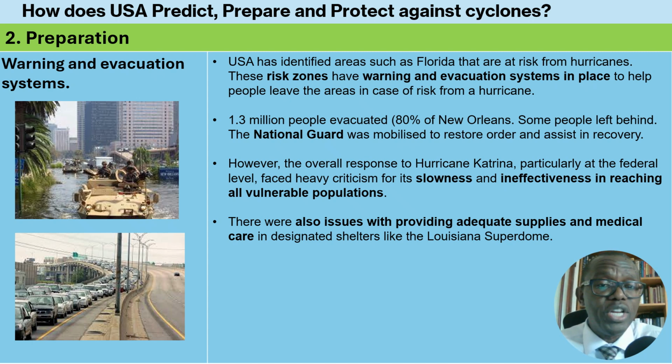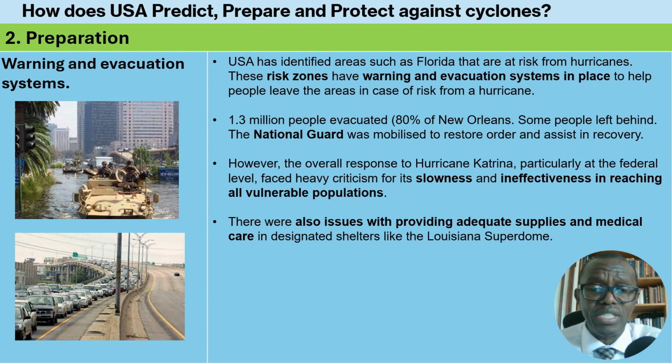Okay, and that will reduce the risk from a hurricane. Now, an example of that obviously is the fact that 1.3 million people were evacuated, and that was 80% of New Orleans. And that was a good thing because that averted a lot of potential casualties from that particular hurricane.